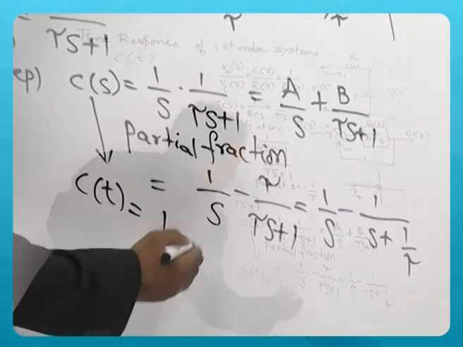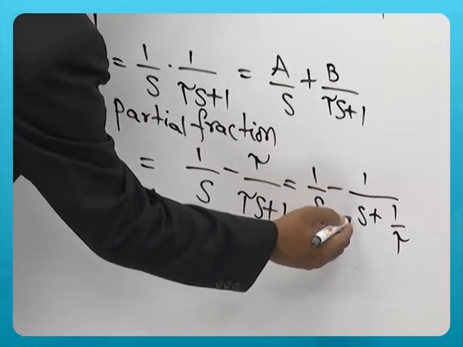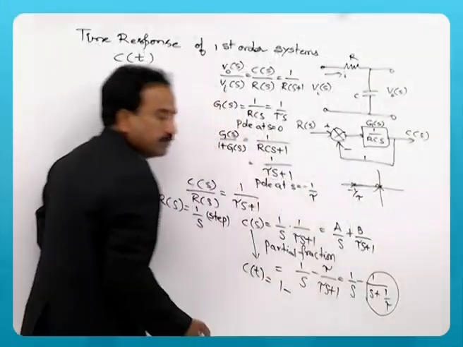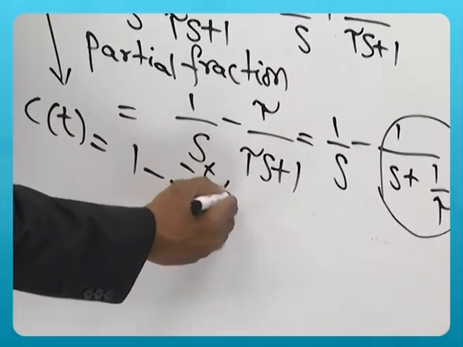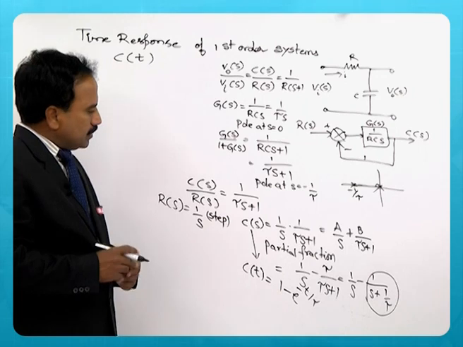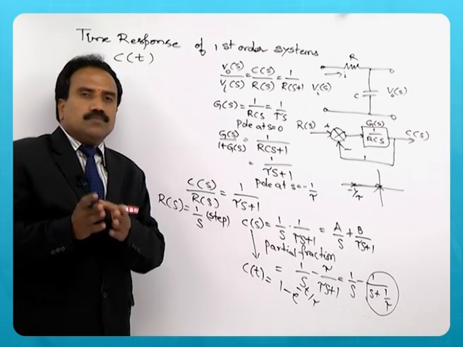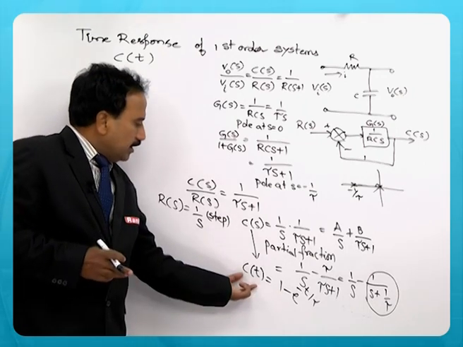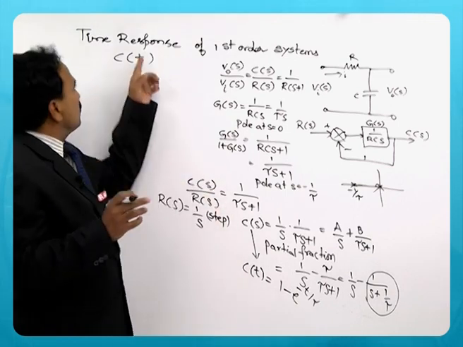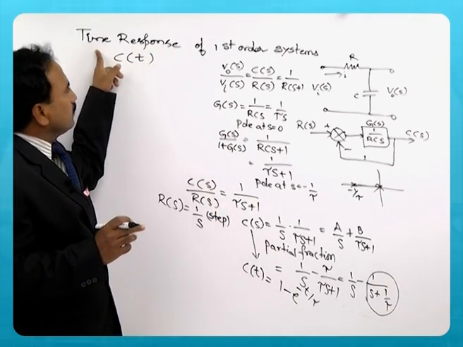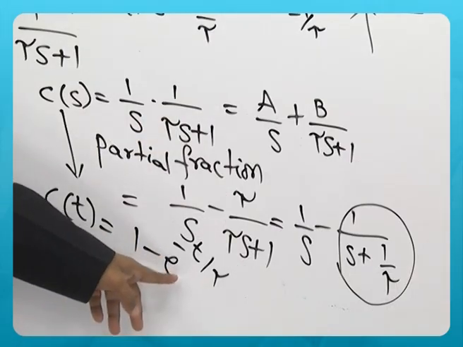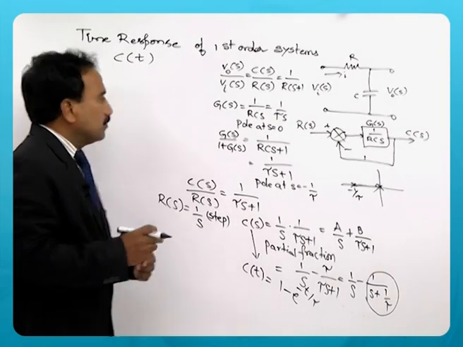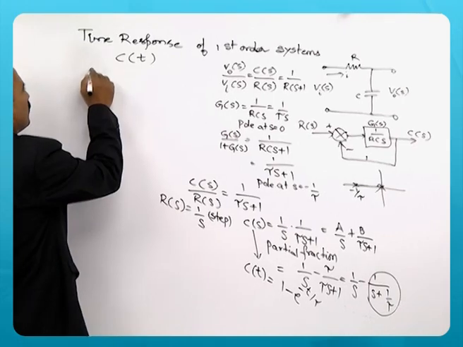Now minus, the inverse Laplace of the second term is e power minus t by tau. So the general function C of t, the response with respect to time for a first order system, is 1 minus e power minus t by tau.